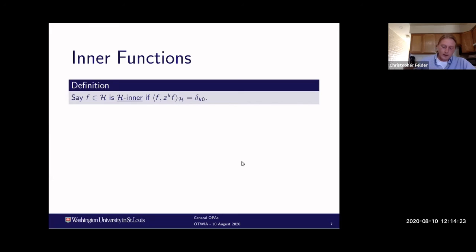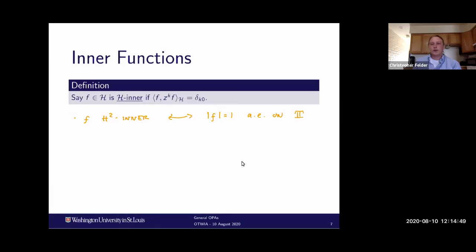Okay, so I want to make a note here that f being H2 inner, which is the classical inner function, corresponds to f being 1 in modulus almost everywhere on the circle.